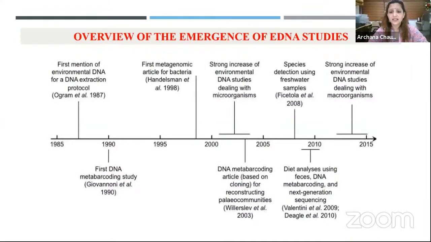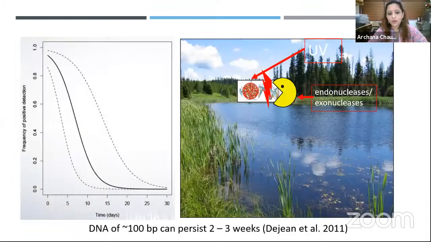This slide gives you a brief overview of how the eDNA studies have emerged from 1985 to 2015. Technically, the first mention of environmental DNA extraction was in 1987. So this slide is just giving an overview of the same.